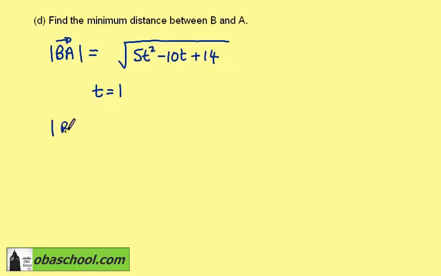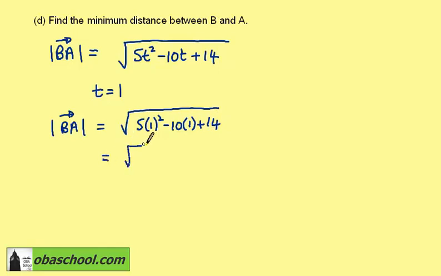If we do this, the modulus of BA is going to be equal to the square root of 5 times 1 squared, take away 10 times 1, plus 14, which is 5, take away 10, add 14, which is the square root of 9. So the distance is 3.